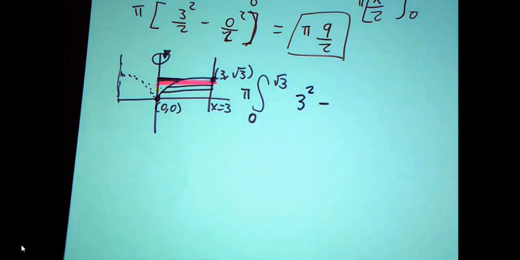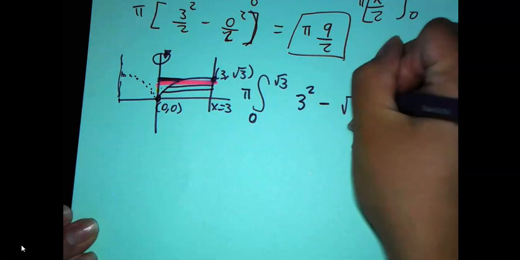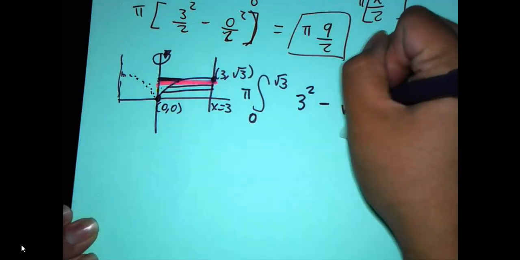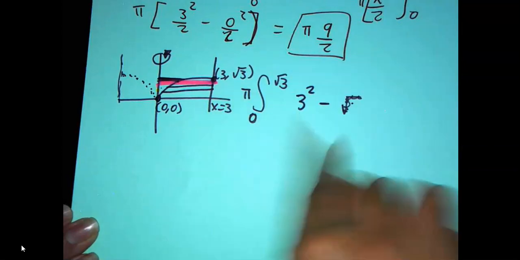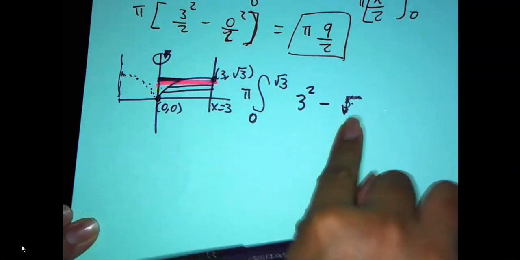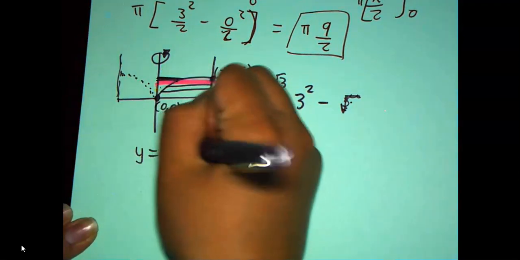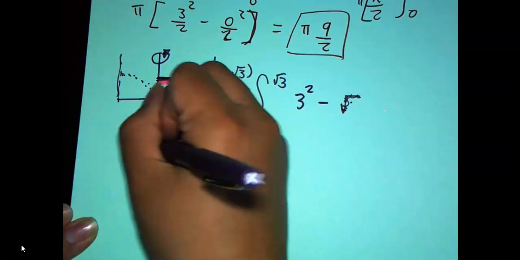So to subtract the portion, that will be the function itself. Okay? So it will be the function, but it needs to be in terms of y. I was going to put square root of x, but now it needs to be in terms of y. So we have y equals the square root of x. We need to solve for y. So we need to square it.